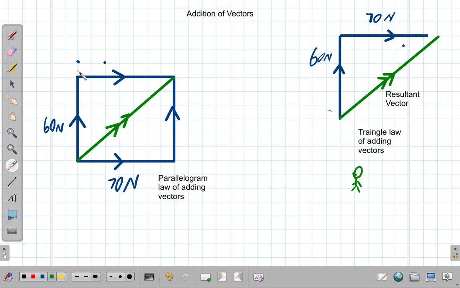This 70 newtons, which is also this, is the same as this 70 newtons. Same magnitude, same direction. And then you draw the third side to close the triangle in the triangle law. And you draw the diagonal of the parallelogram here, which is the resultant vector. Alright? So, that's how you add two vectors together when they are not pointing in the same or opposite direction. You use the parallelogram law or you use the triangle law.